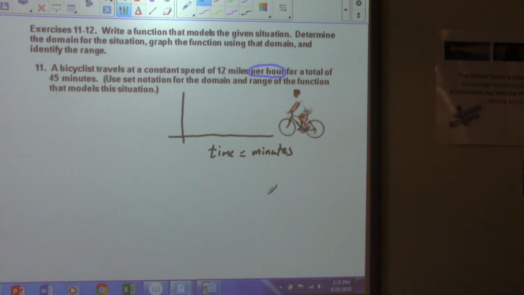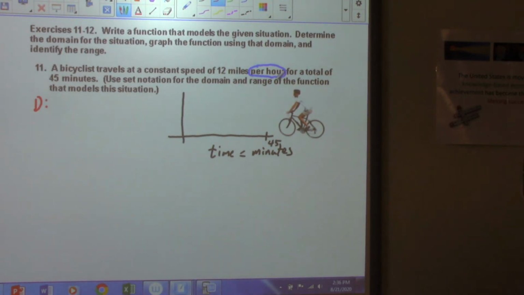And how many minutes did we go here? 45, right? So we'll put 45 right here. And then it says, write the function. We don't have a function yet, but do we have a domain already? What's our domain for this?